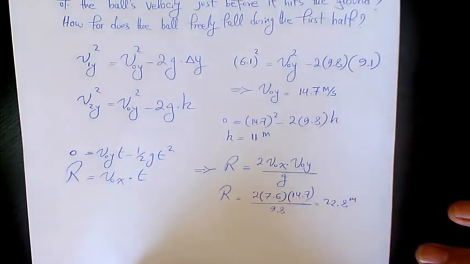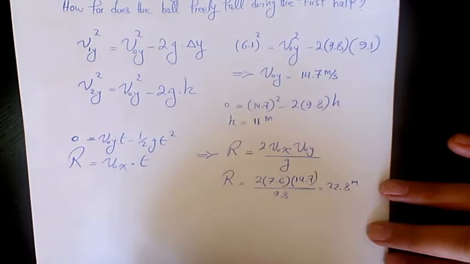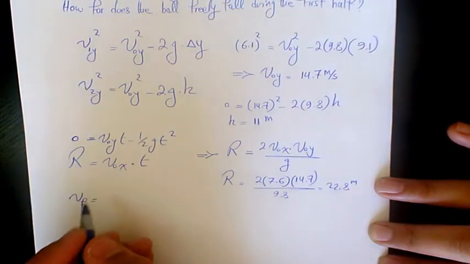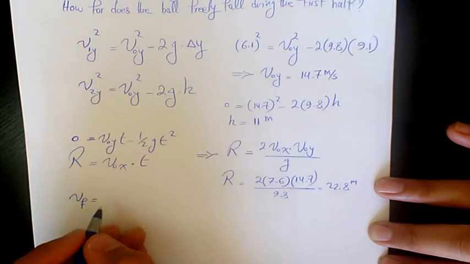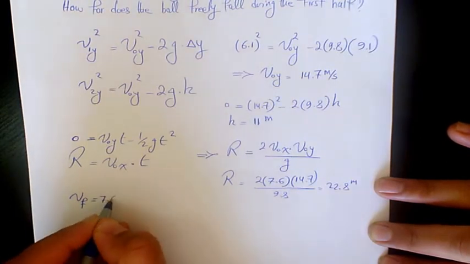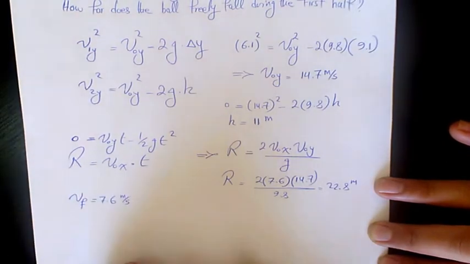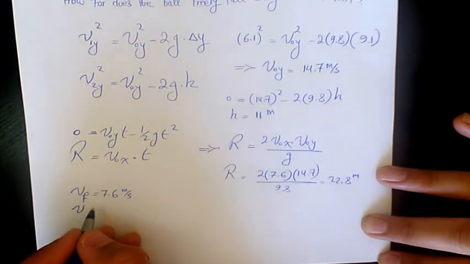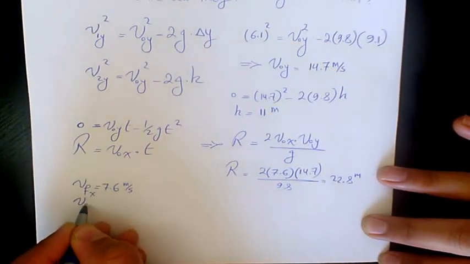the ground? So in this case, we can say the final velocity, I'm going to call it Vf, is the same as Vx, which is 7.6 meters per second. That's Vfx.